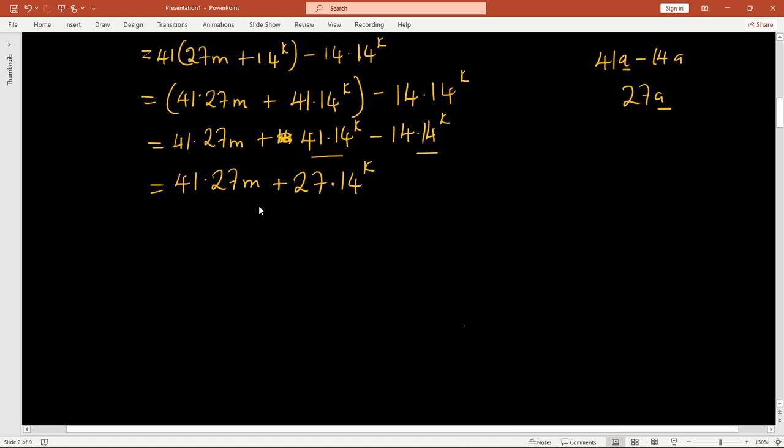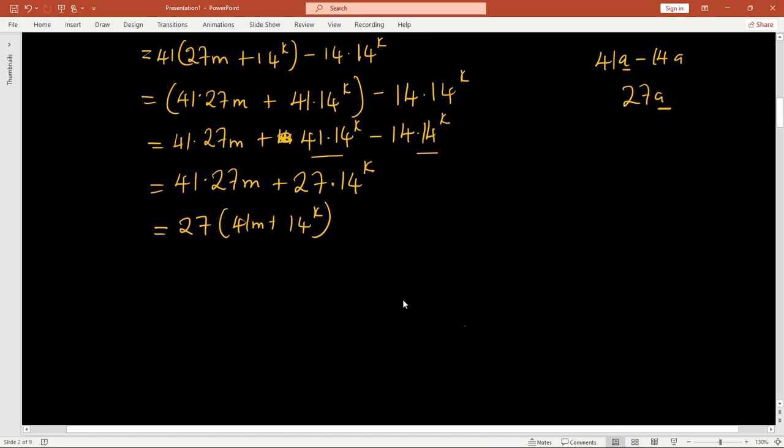Then, are we able to factor out 27? Of course we can. So we're going to have 27 outside, and inside we're going to have 41m plus 14 to the power k.